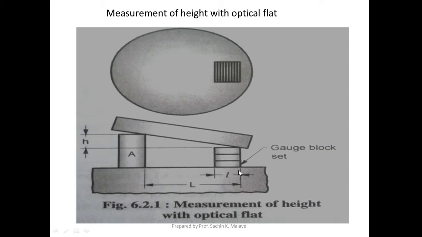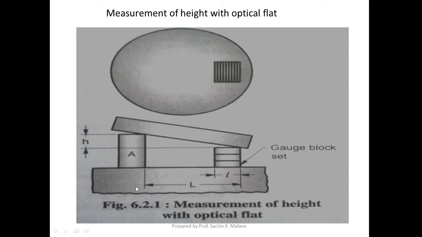An optical flat, this is the optical flat, is resting on these two components in such a way that an air wedge is created between the optical flat and these two components. As we had discussed in the previous session, whenever there is an air gap between an optical flat and a component, a fringe pattern will form.